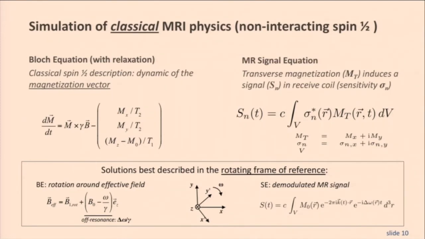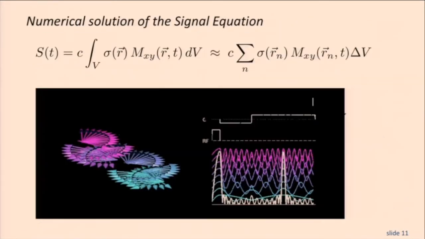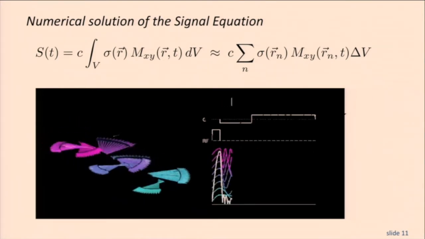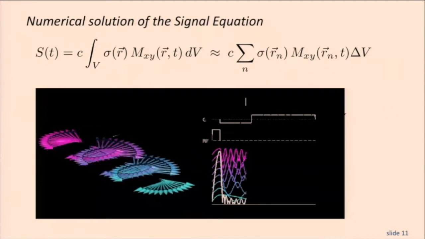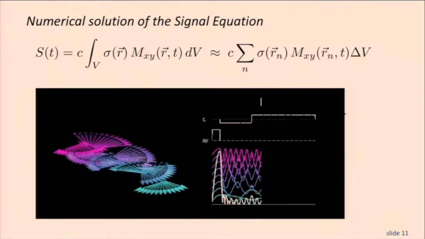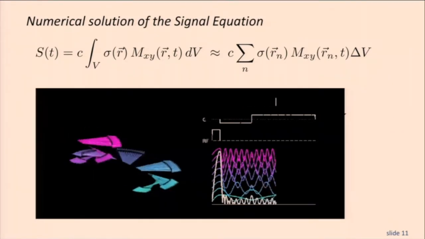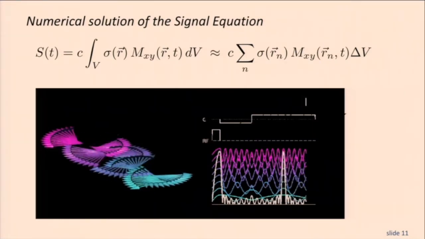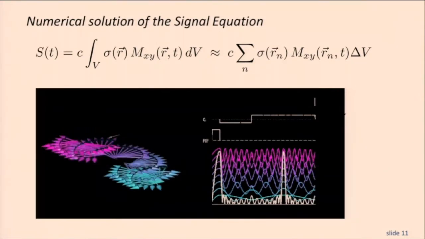The signal in the rotating frame is a demodulated signal, and in a movie that would typically look like this. This is now simulating a gradient echo sequence, and now spins rephase, form an echo, and here they are all in phase. That's the gradient echo, and this is what we typically detect.